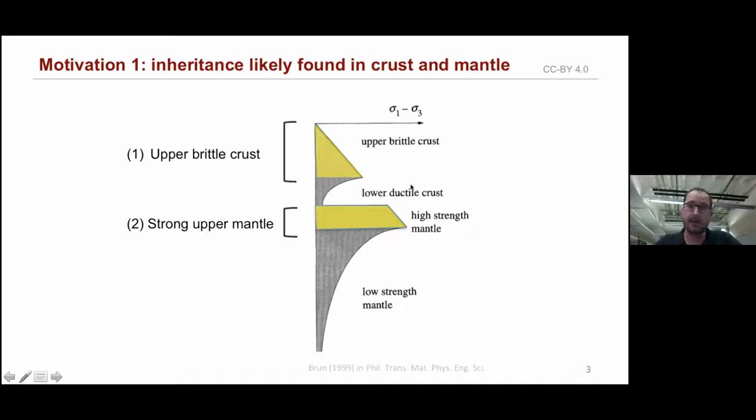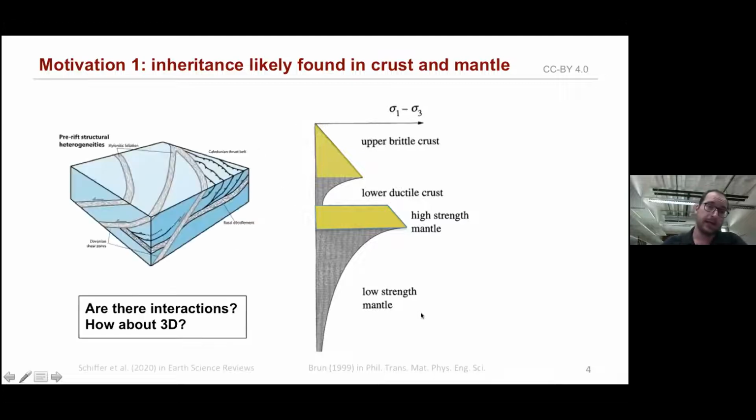And if you then look at the lithosphere, or if you take the lithosphere as a very simple rheological profile, like in this figure here, then we have two important layers that are stronger, which is the upper brittle crust and the high strength mantle, or the upper brittle mantle. And in between, we have the lower ductile crust, which is weak, and below we have the low strength mantle.